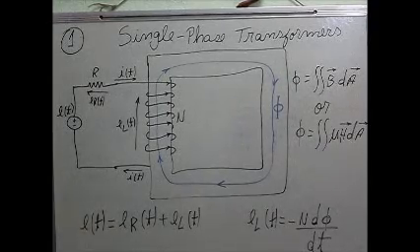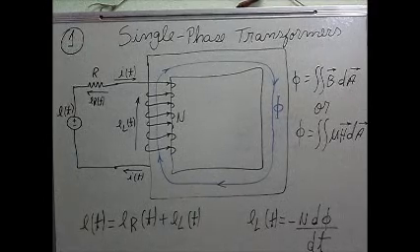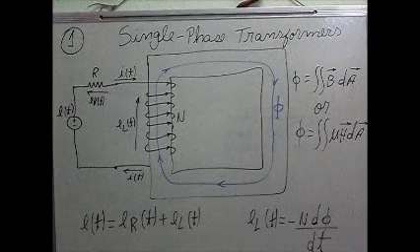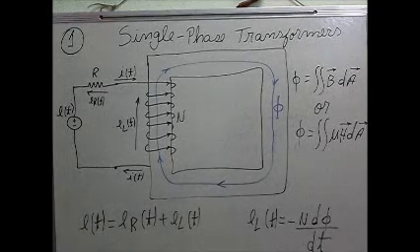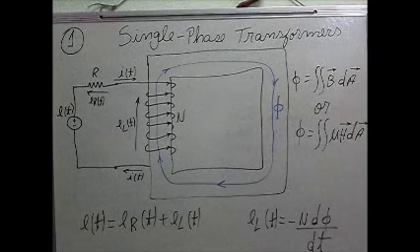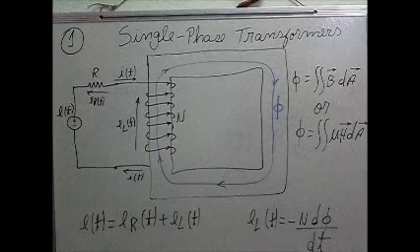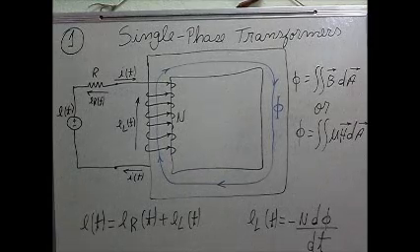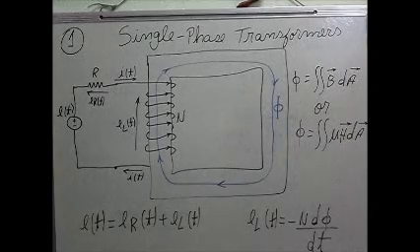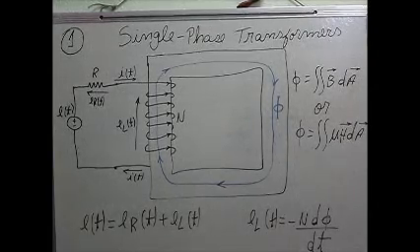and according to the induction law, this voltage that builds up on the winding is proportional to the number of turns times the derivative of phi in relation to time.